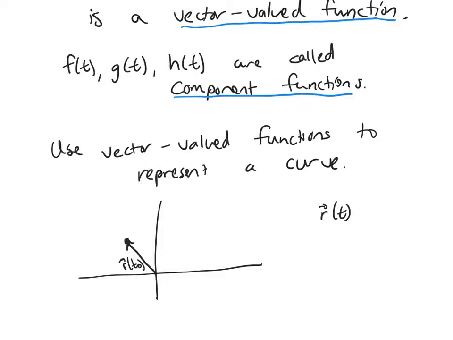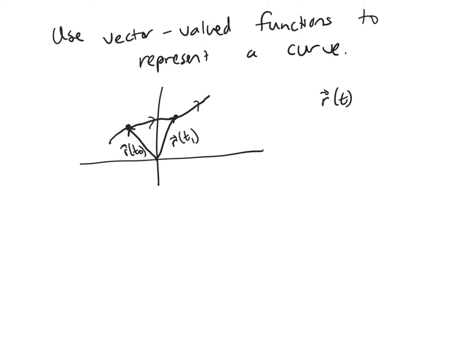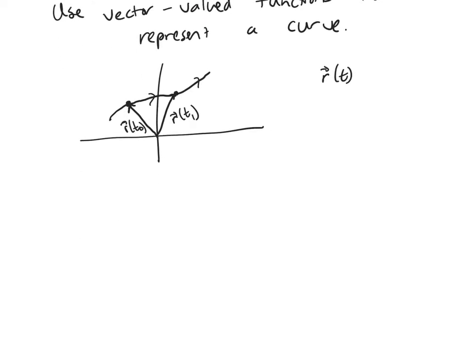And maybe if I plug in another value, r of t1, it outputs this vector right here. Again, you collect up all the terminal points when you plug in values of t, and that's going to draw out a curve in space. And these curves will have orientations to them, they'll have directions. So let's look at our first example.